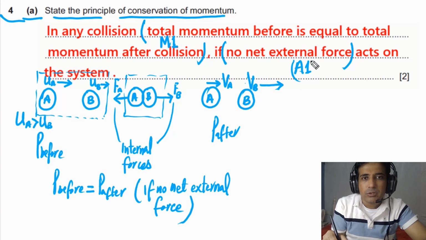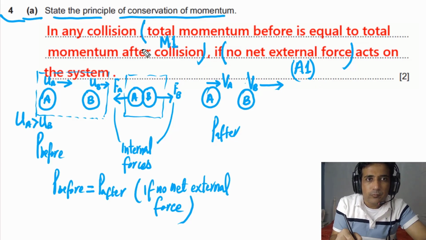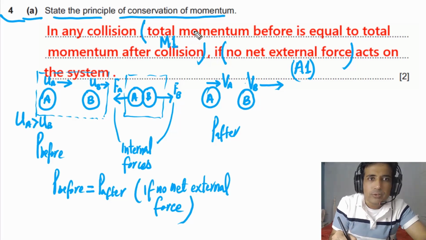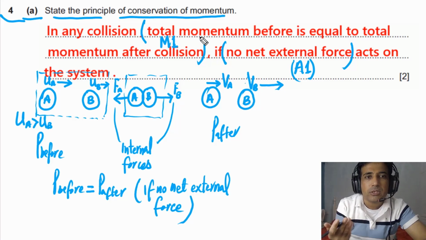So this is how these 2 marks will be awarded. The first mark is the M mark, it must be in your answer. If you haven't written this one, you will get no mark. And also it doesn't make any sense if you simply say no net external force, because that is not the principle of conservation of momentum. So the first mark is the M mark and the second mark is the A mark, meaning answer mark.